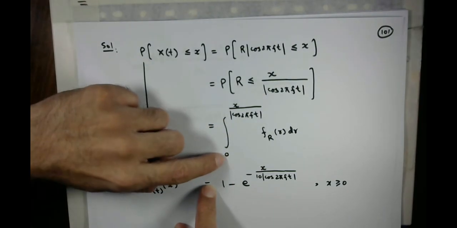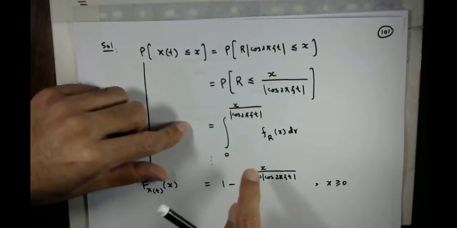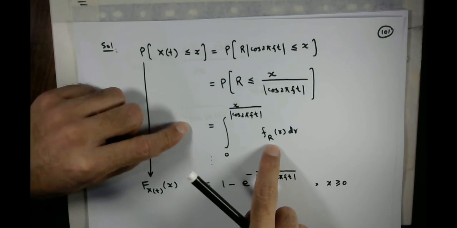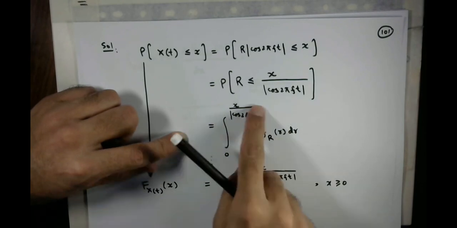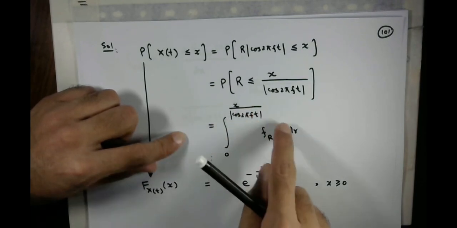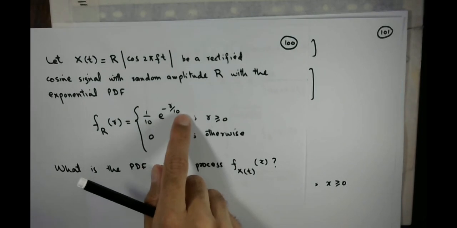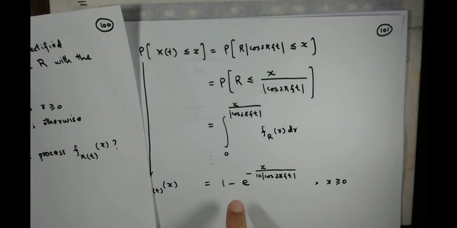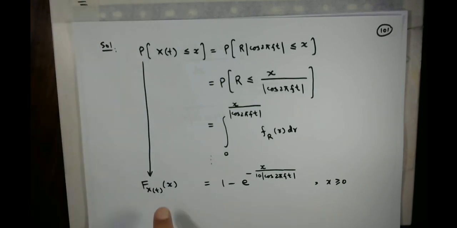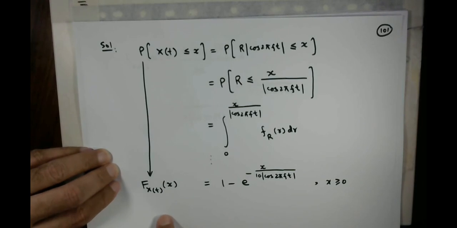So we integrated from 0 till this value of r the PDF of the random variable, and this is already given. So you simply place 1 over 10 e raised to power minus r by 10 here, and then you integrate on this limit, you will obtain this. So this is your CDF of the stochastic process x of t.